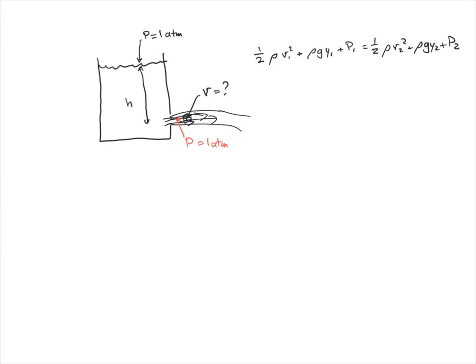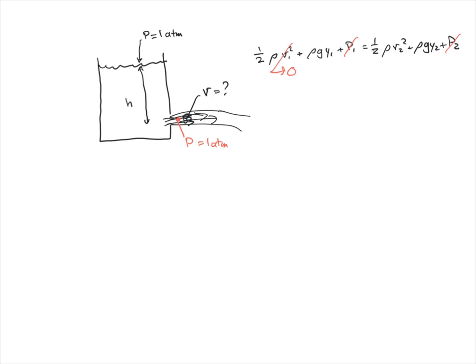And we will take the point at the top, that's our point 1, and this point here is point 2. So the pressures are the same at those 2 points, so we can cancel those out. The velocity up at the first point is 0, so this term goes to 0.